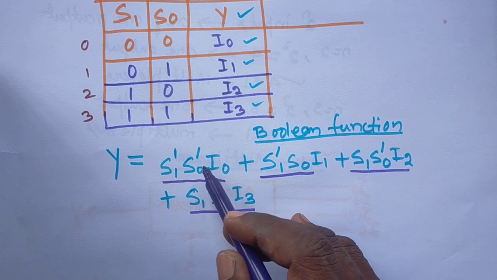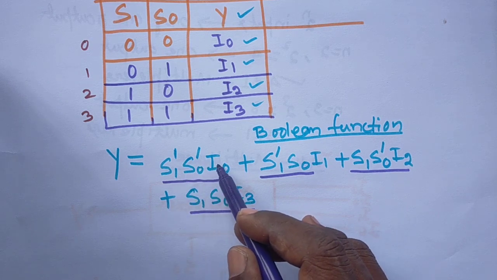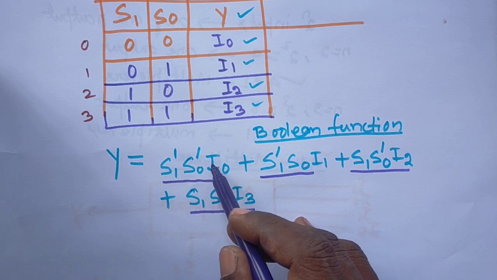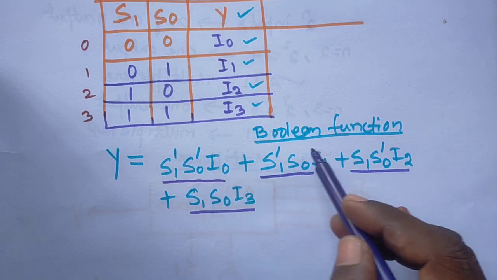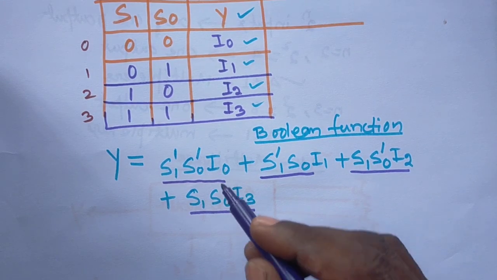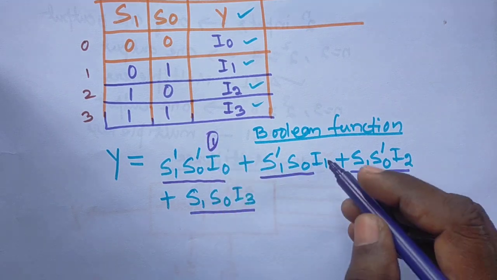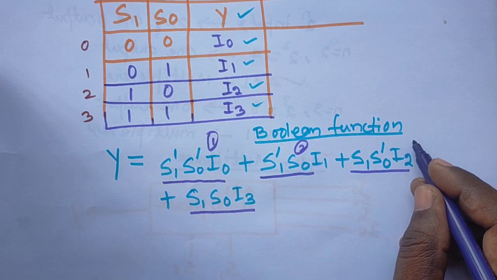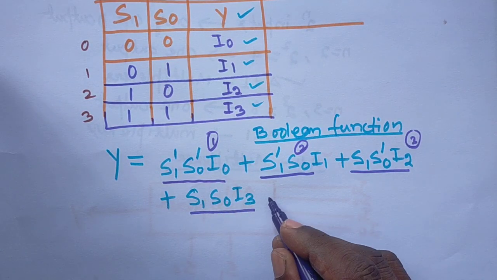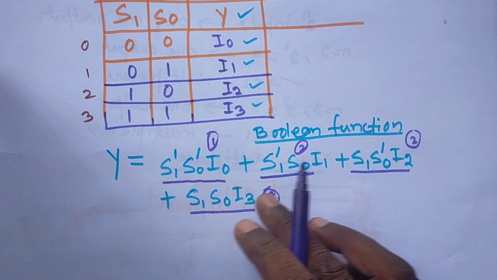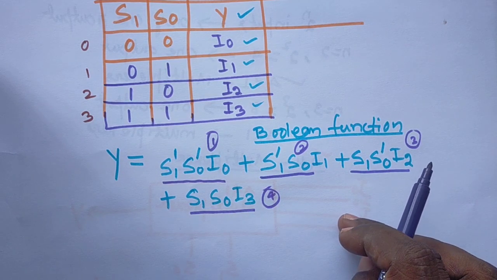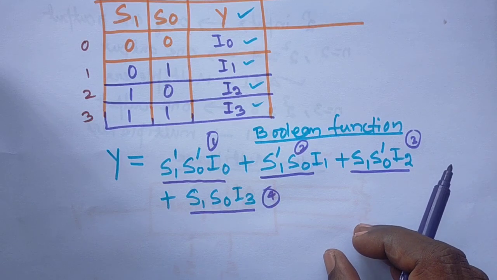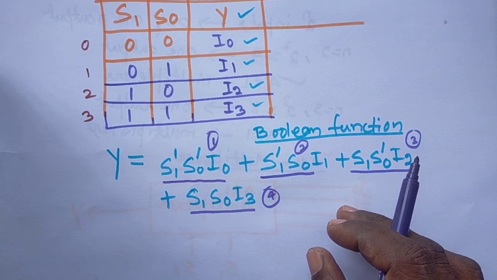Why do we consider an AND gate? Because this is the multiplication of all terms. How many AND gates? Here is 1, 2, 3, 4. Four AND gates are required to design the logic circuit for the Y function or Boolean function.